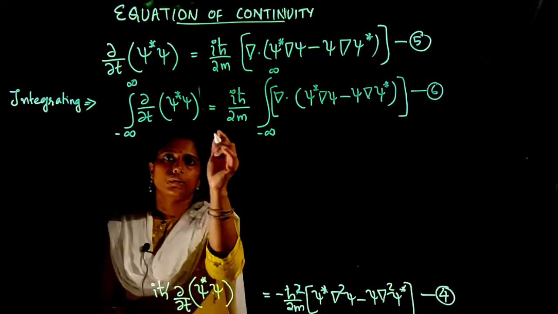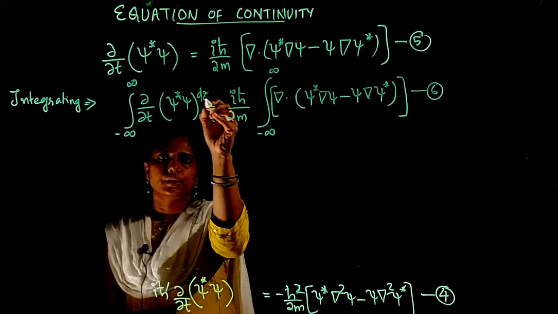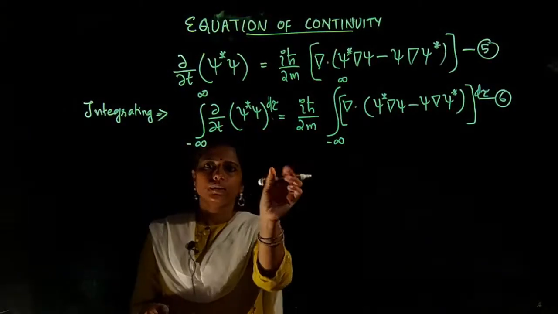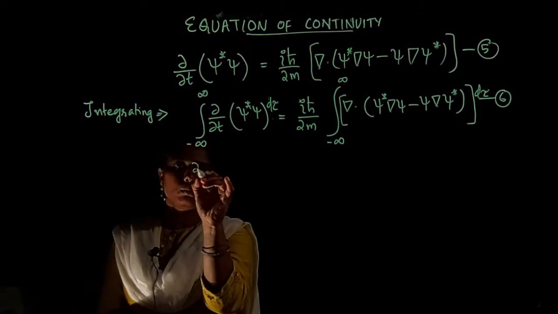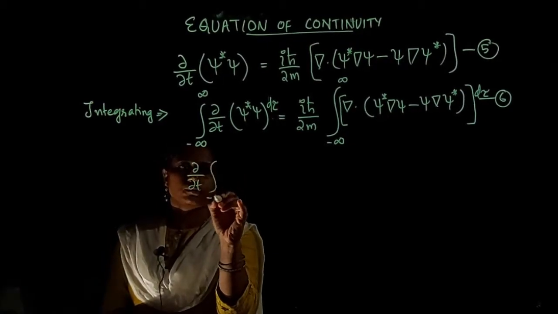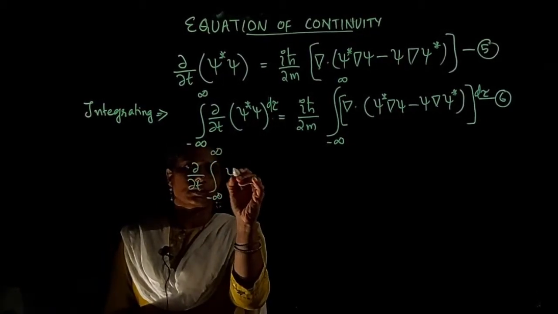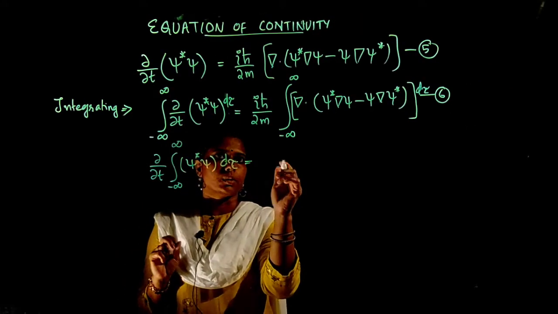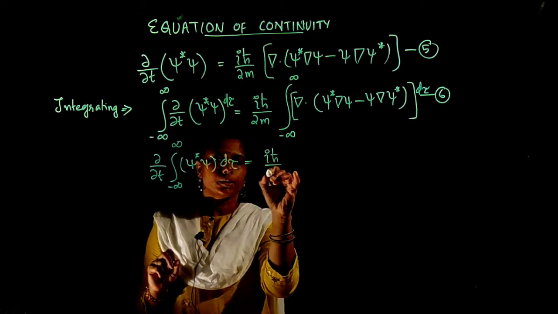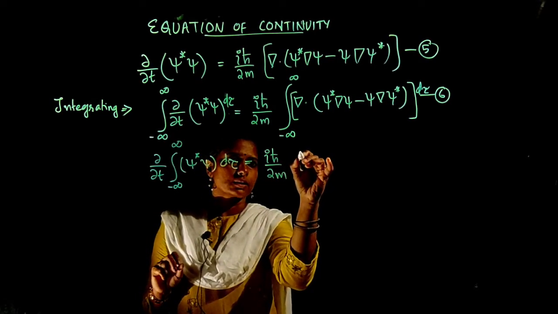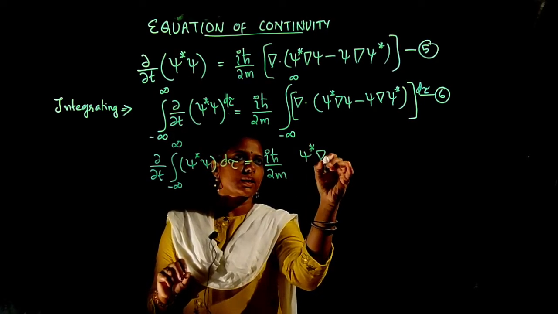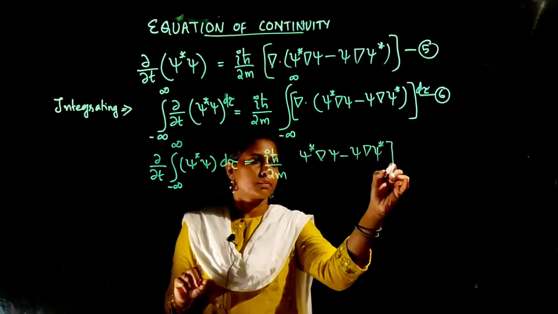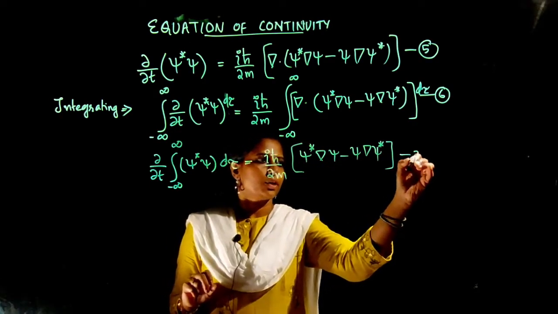So we have to integrate this over a volume, say dτ, here also over the volume dτ. After integrating, we get ∂/∂t of integral ψ*ψ dτ equal to iħ by 2m (ψ* ∇ψ minus ψ ∇ψ*). Let this be equation 7.